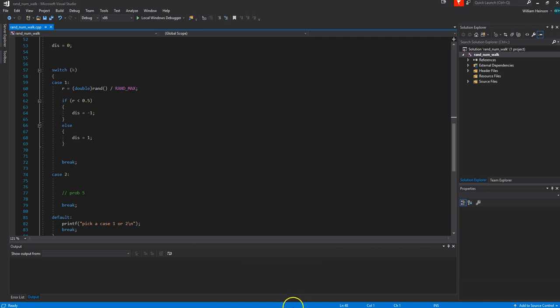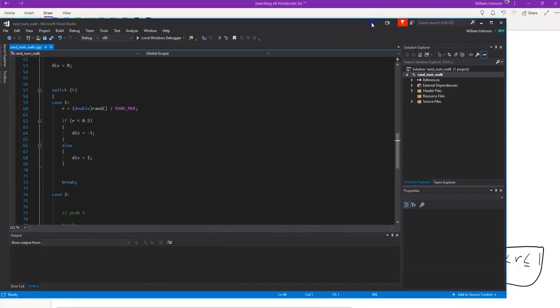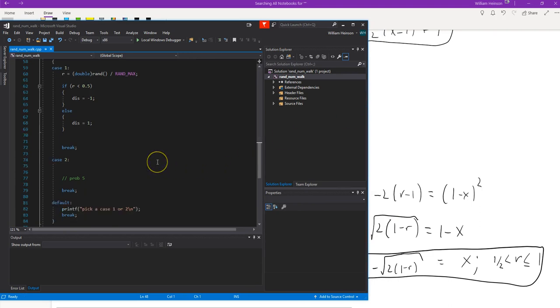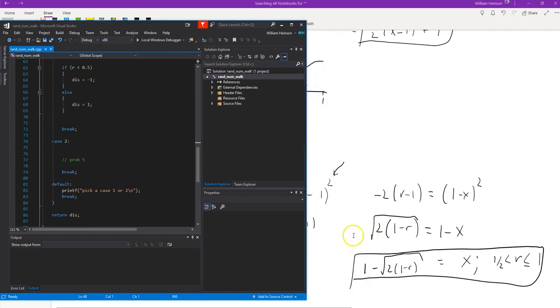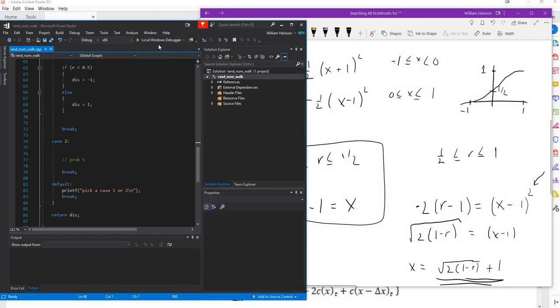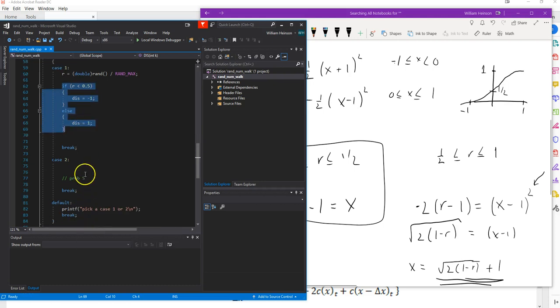Okay, let's go ahead and program that in here. Okay, and it's exactly the same setup here, right? We're going to have an if else statement.